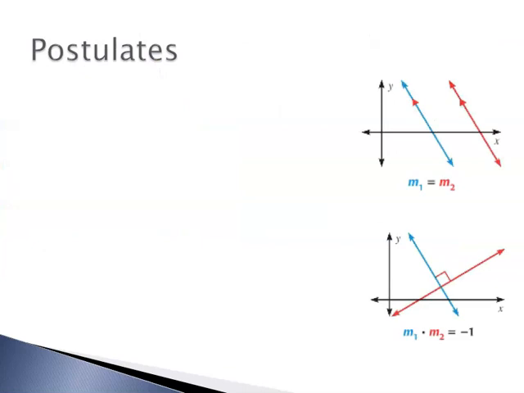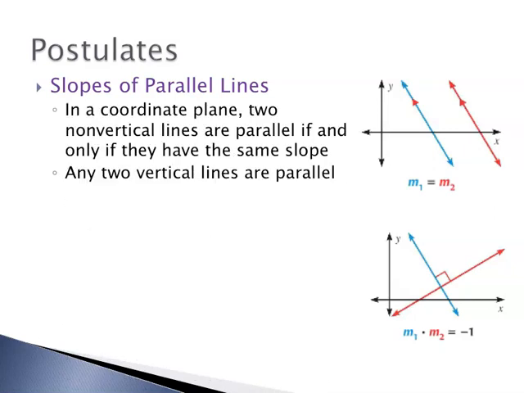Next, we have some postulates. So the first has to do with slopes of parallel lines. So in a coordinate plane, 2 non-vertical lines are parallel if and only if they have the same slope. Now, any 2 vertical lines are going to be parallel to each other.